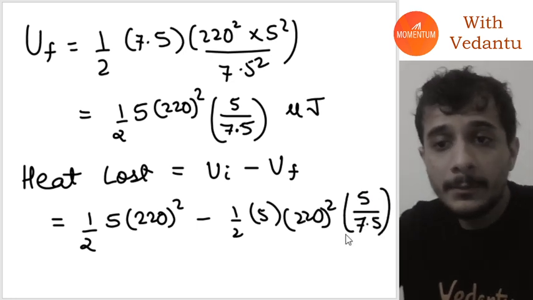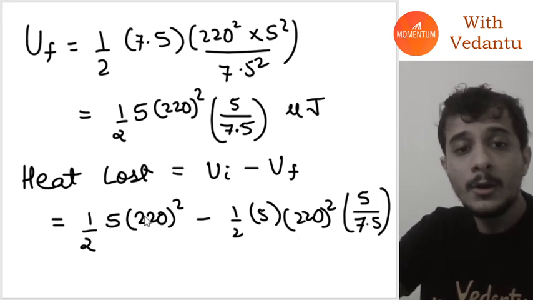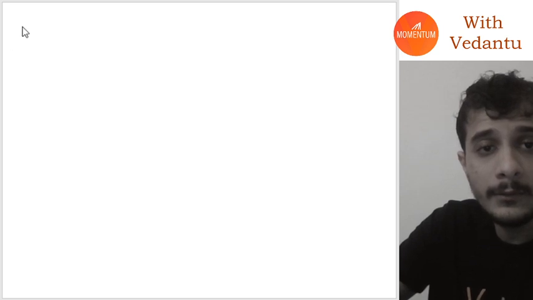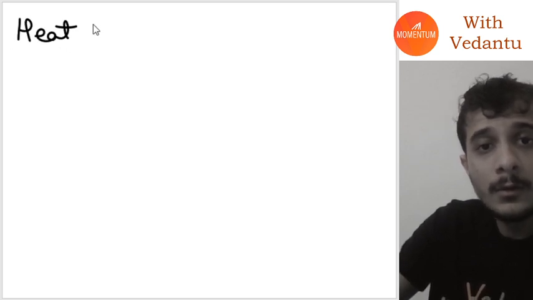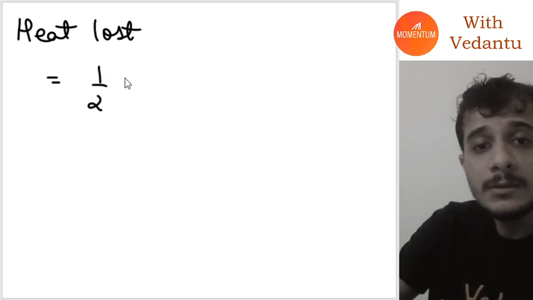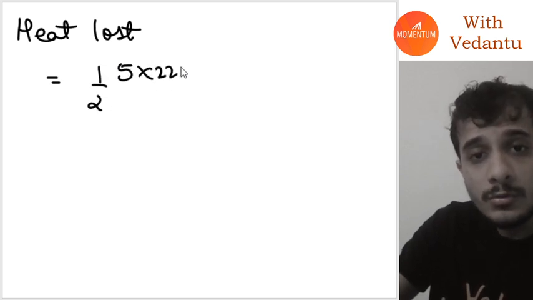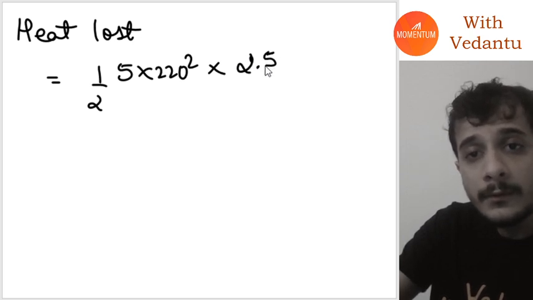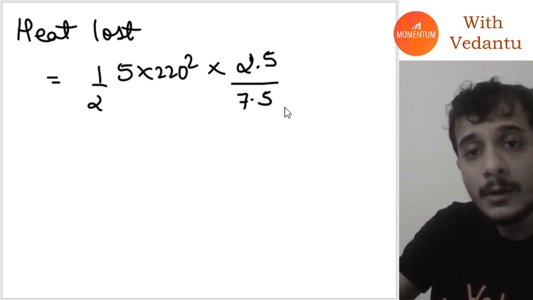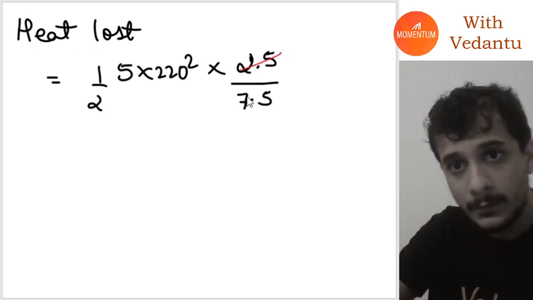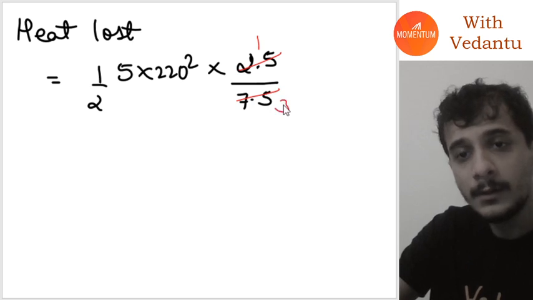Okay, I hope everybody can see whatever I'm writing. Okay, if you try to calculate this one more time, this will give you heat lost is equal to half into 5 into 220 square into 2.5 divided by 7.5. Okay, now guys, if you try to do this calculation, this and this will cancel out. 1 and 3 will remain.